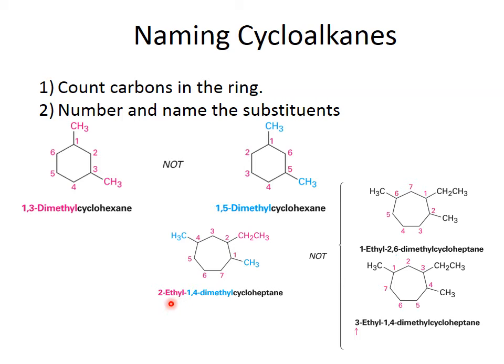Notice I put the ethyl first. Why? Because E comes before M alphabetically, and we list our substituents alphabetically. The D in the di or tri or tetra is not counted as the alphabetical part of the substituent.